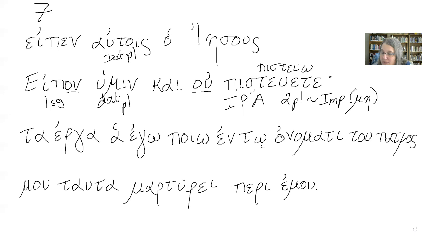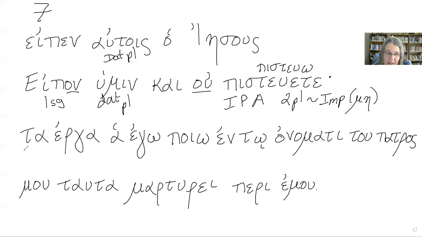And so here we absolutely know that it's the present tense, not the imperative, because we don't have a me, we have an ou. So we don't always get a negated verb, but when we do, that tells us the difference. So here we have, I spoke to you and you do not believe.